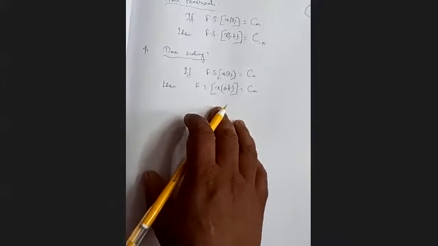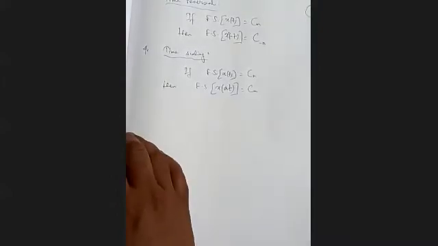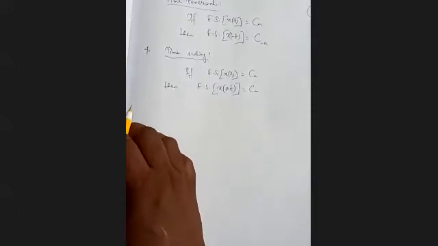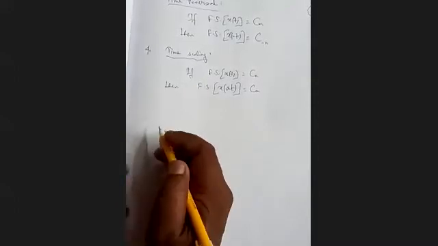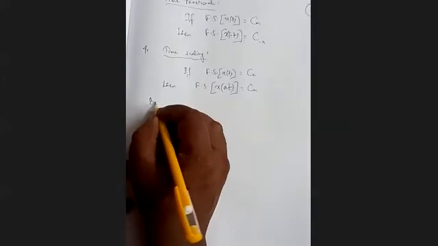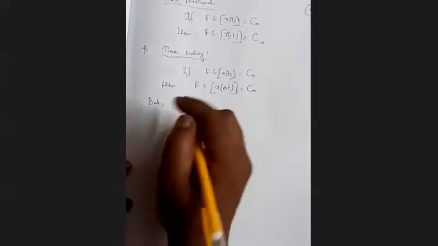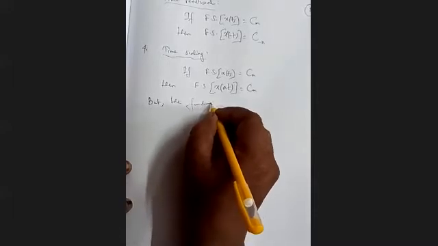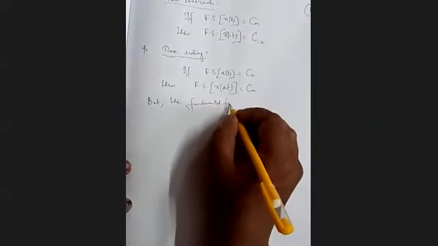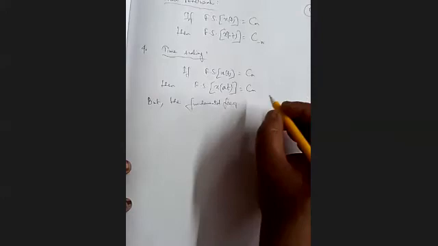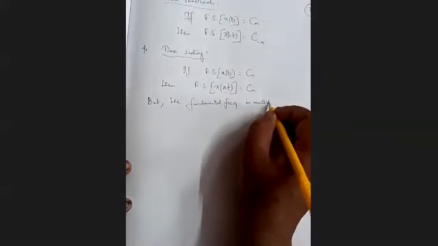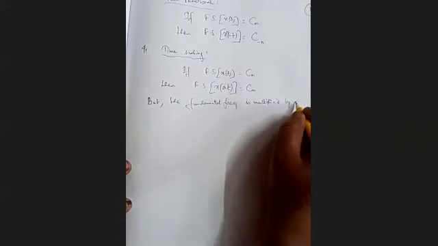But whether a signal is compressed or dilated, its Fourier coefficient Cn will remain the same. But one change will definitely happen. What? The fundamental frequency is multiplied by a.